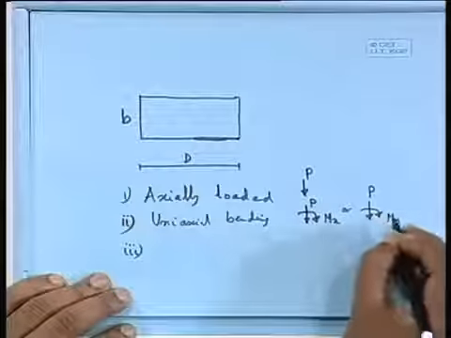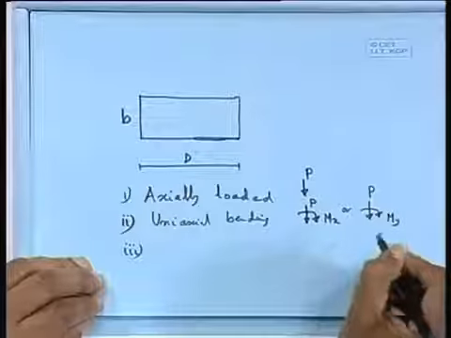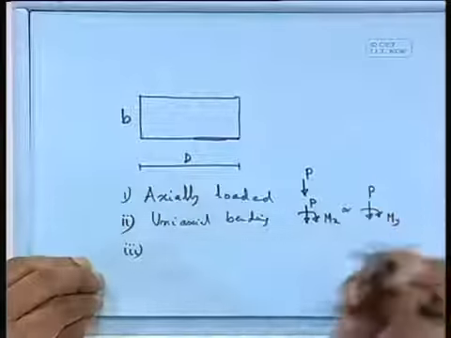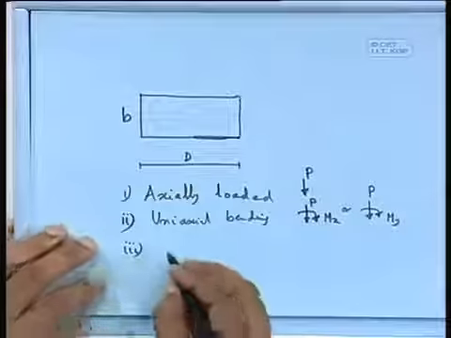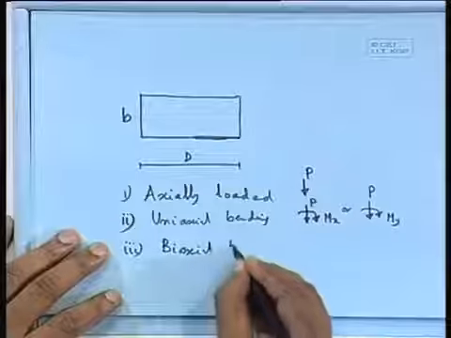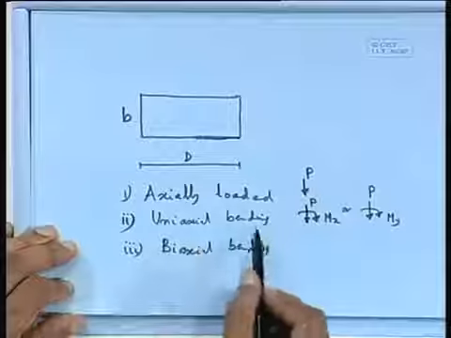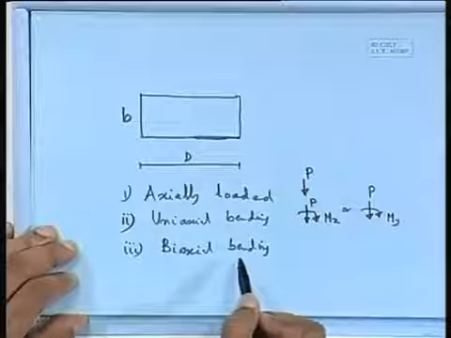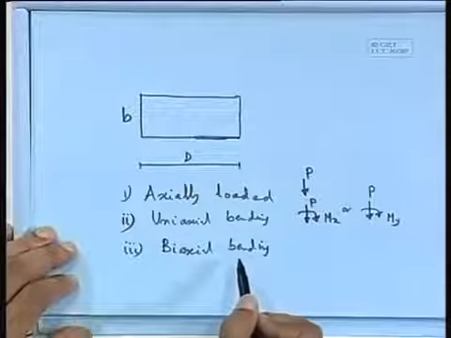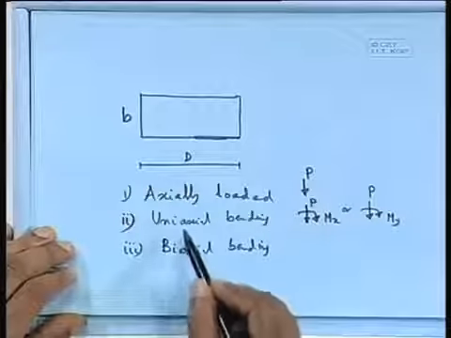So when you are talking about x, it does not mean it is only about x and not about y, because if we take the other way, that side we can still take as x also. And another one is possible, biaxial. So axially loaded, uniaxial bending, and we have biaxial bending. So these are the three possible cases, and you have to design for all of them.